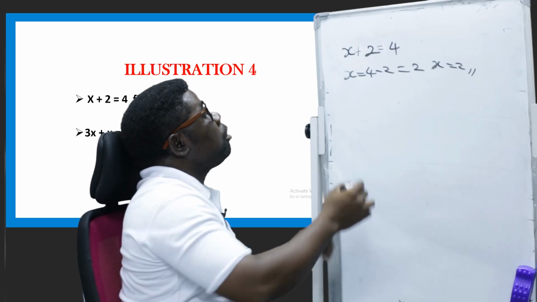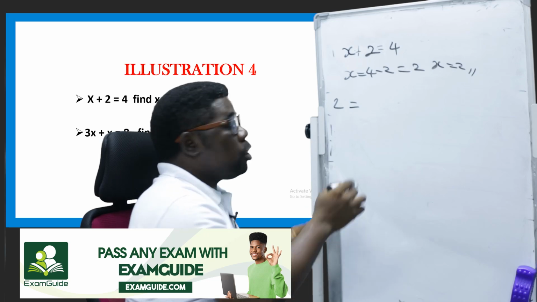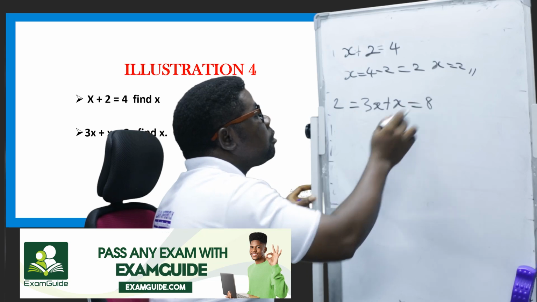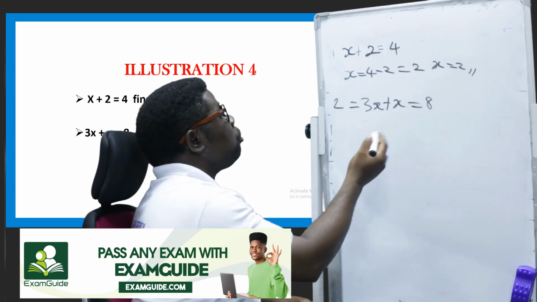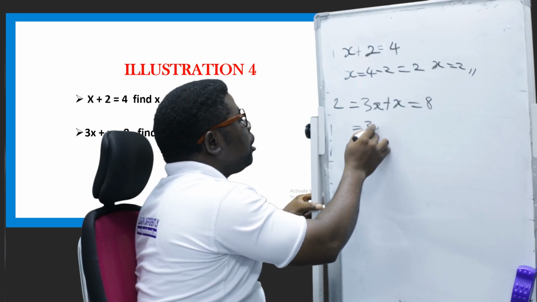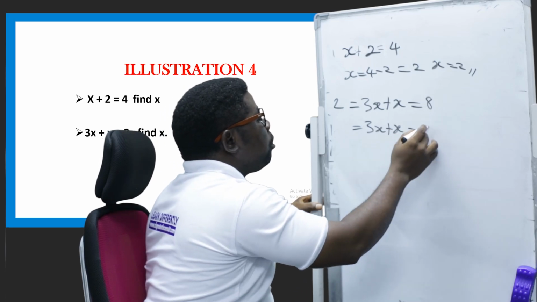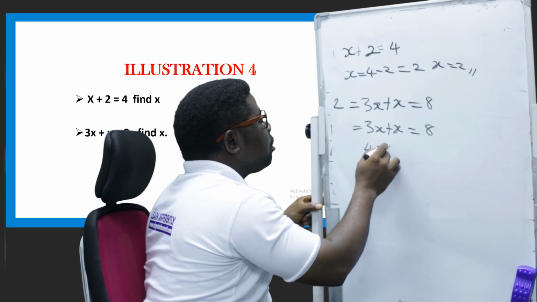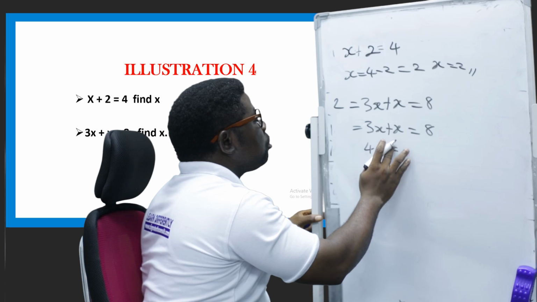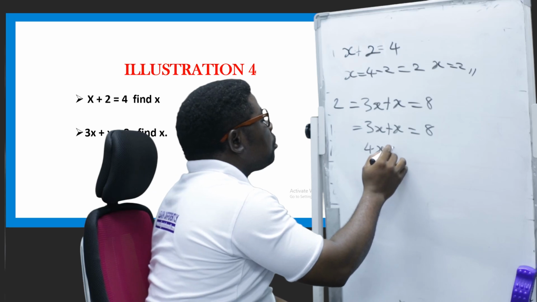The next one is the same thing. Number 2 is 3x plus x is equal to 8. Find x. First of all, 3x plus x is 4x, so 4x equals 8.